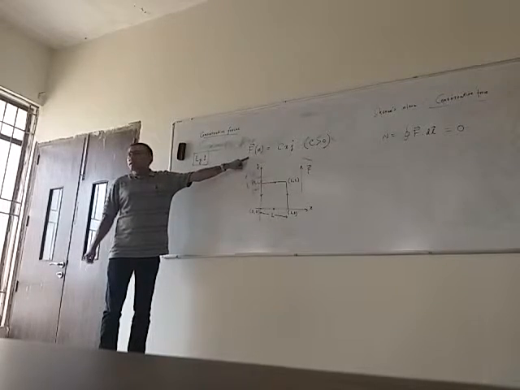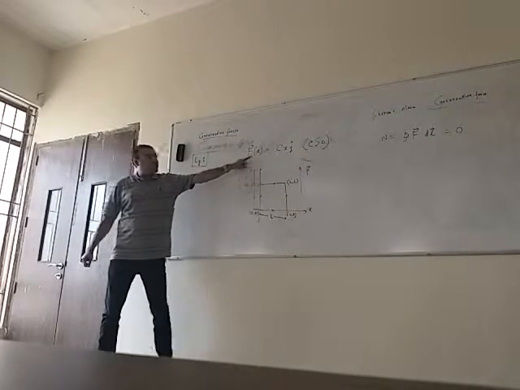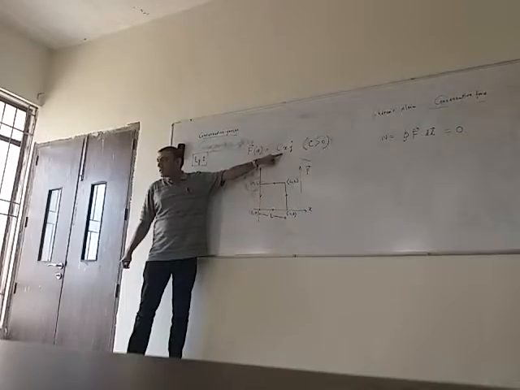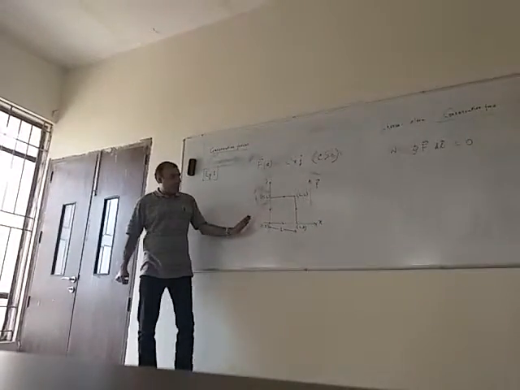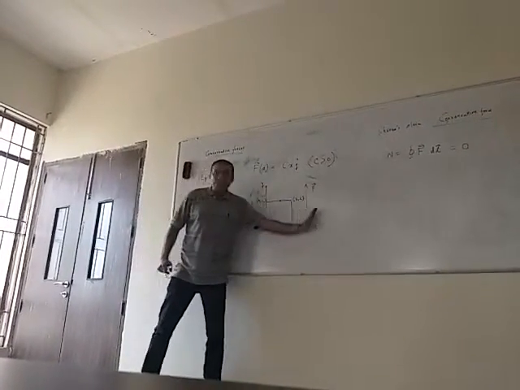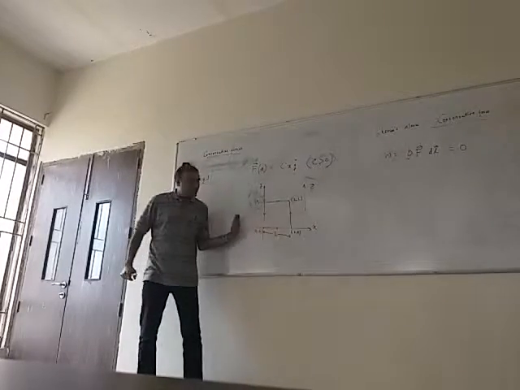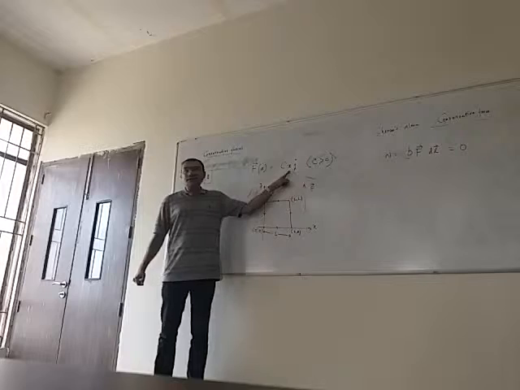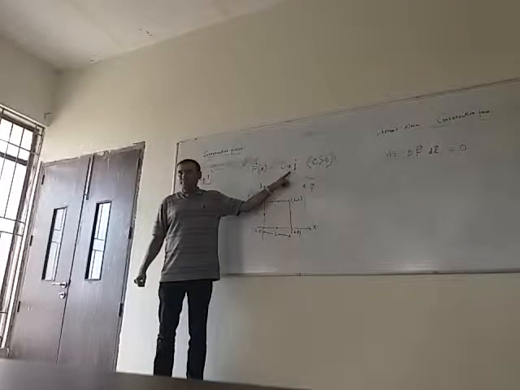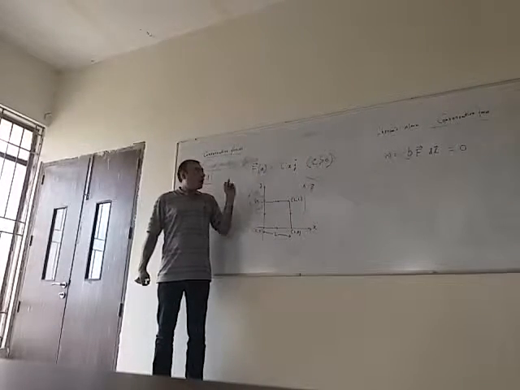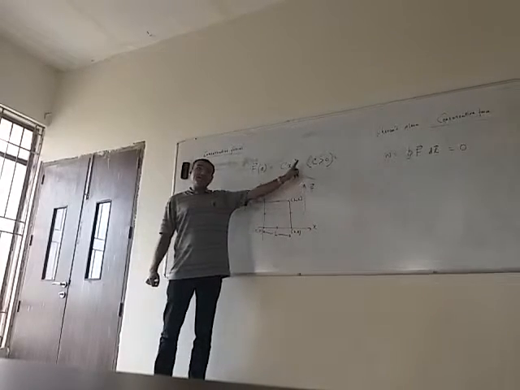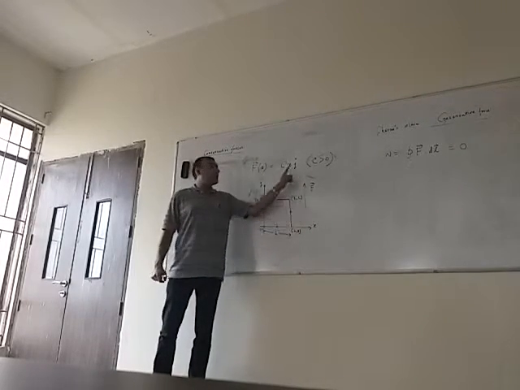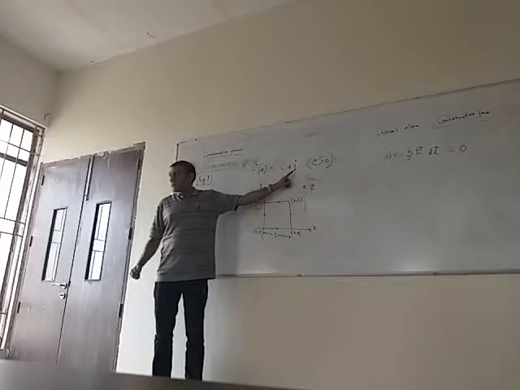So you're given an external force which is a function of x. That means that if you move along the positive x-axis, the force is changing in a linear fashion. Although the direction of the force is along y, because it's j-cap.